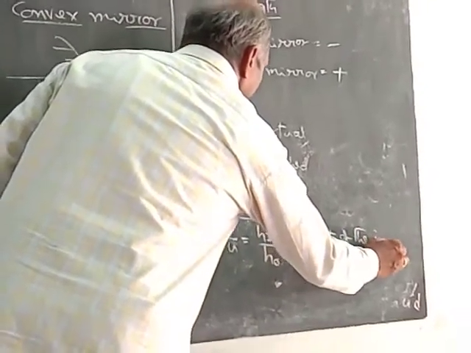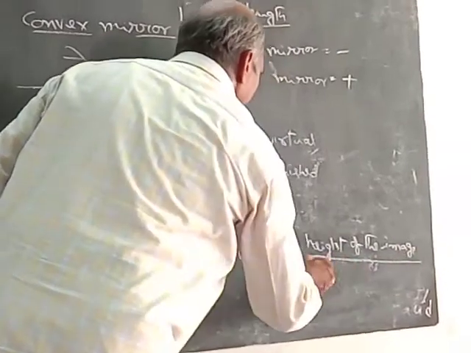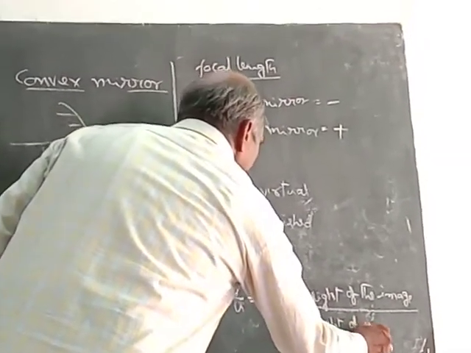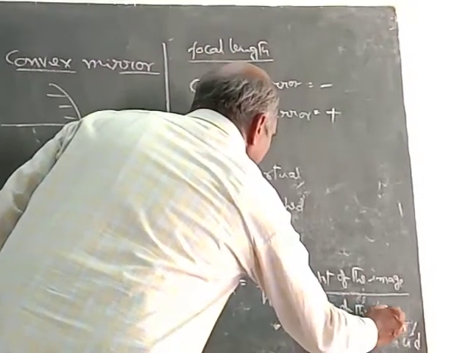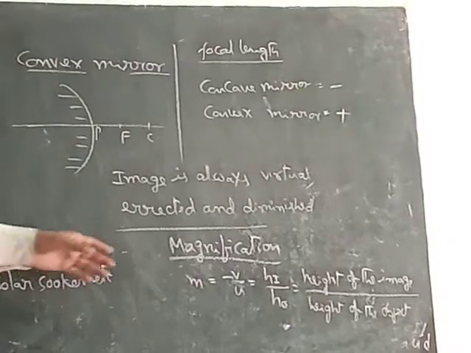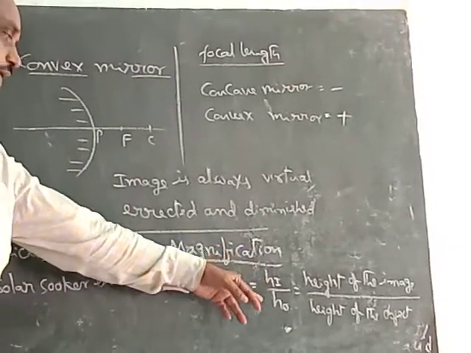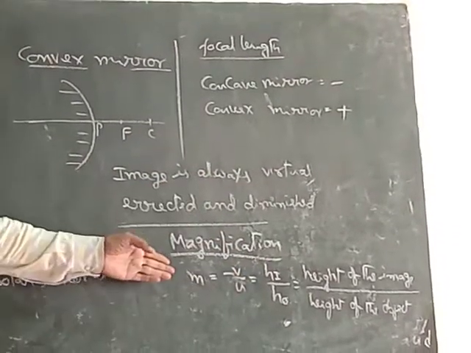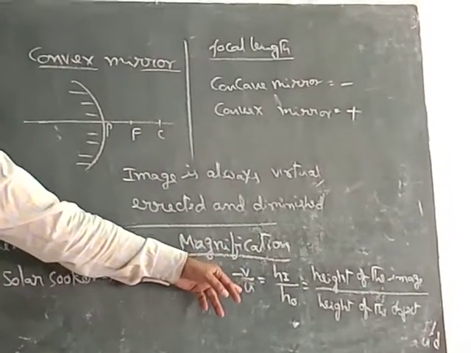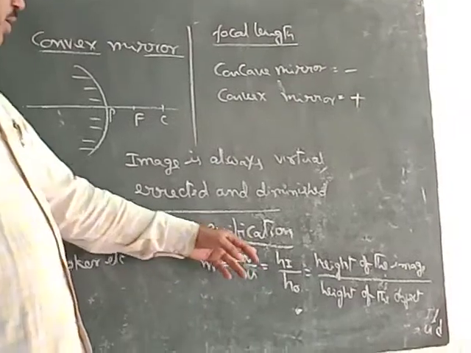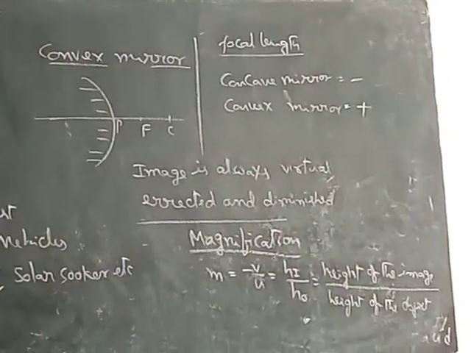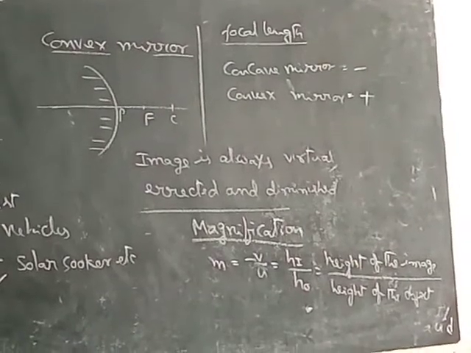And ho is the height of the object. Magnification means it is the ratio between the height of the image and the height of the object. This formula is M is equal to minus v by u, where v means image distance, u means object distance, or hi by ho. Magnification has no units, it is a number.